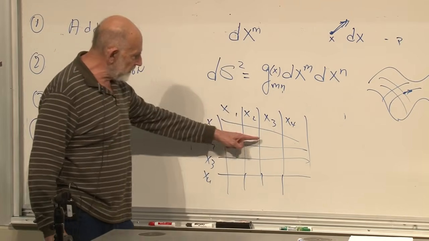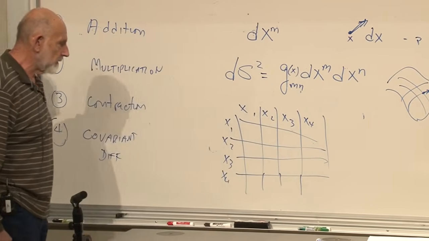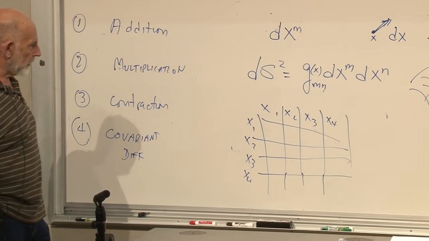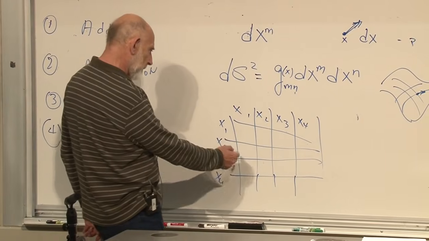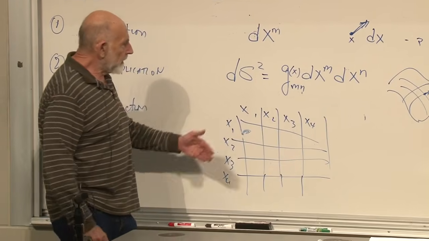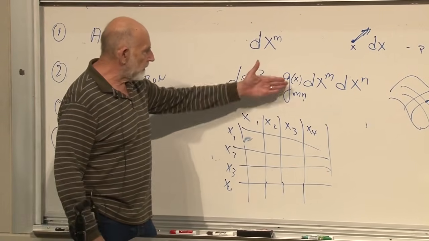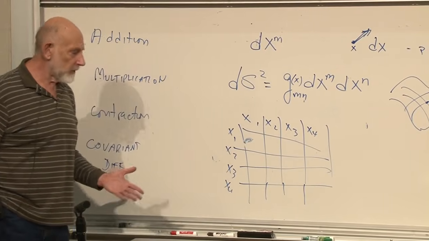Sixteen entries, 1, 2, 3, up to 16. Here's the 1,1 element, 1,2 element, and so forth. You might as well take the 1,2 element and the 2,1 element to be the same. They both multiply dx1 times dx2.